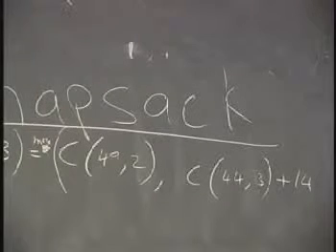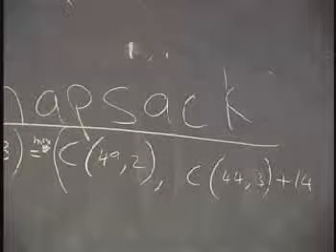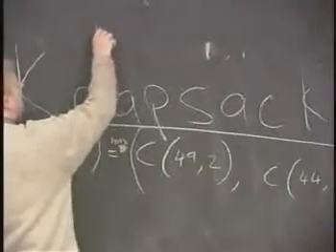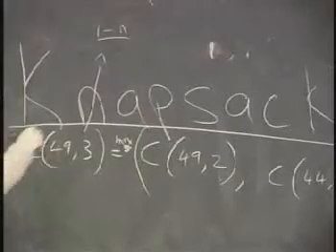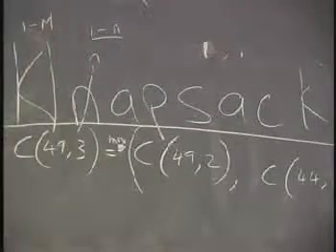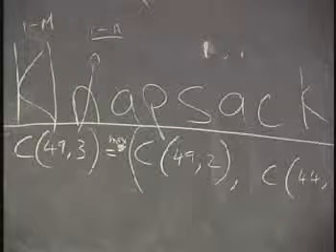You want to do it in a bottom-up way, because if you do it in a bottom-up way, what's the maximum number of subproblems you could possibly have if you make sure you do each one once? This number ranges from 1 to 3, or in general, this number ranges from 1 to n. And this number ranges from 1 to capital M, our biggest number, or the size of the knapsack.